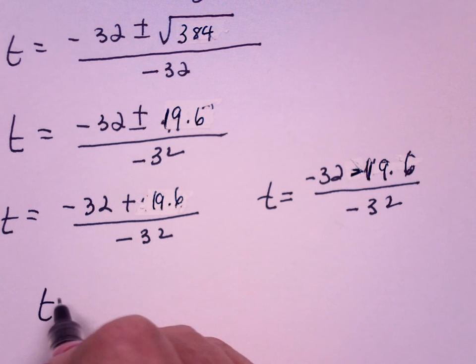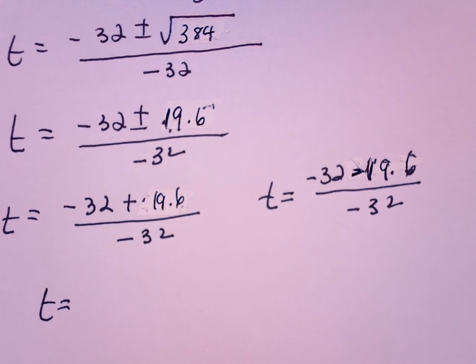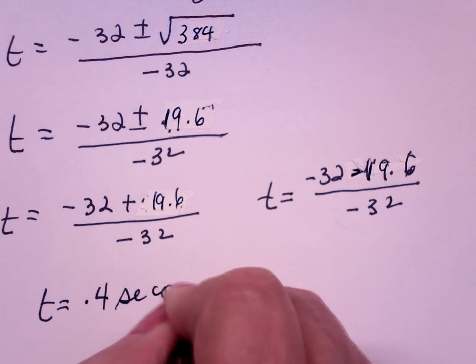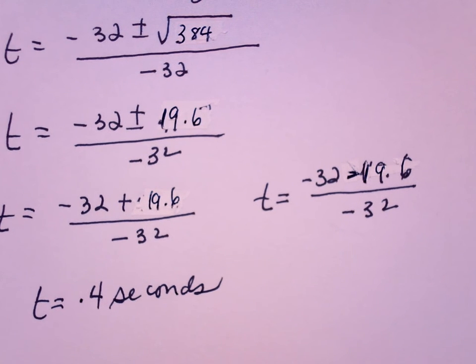Because now I've got negative 32 plus 19.6 divided by negative 32. That's 0.4 seconds. And then negative 32 minus 19.6, divided by negative 32, is 1.6 seconds.